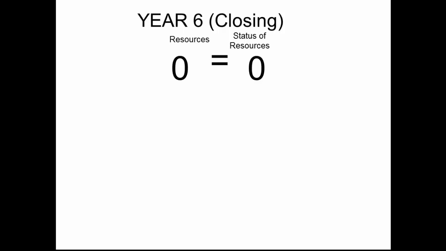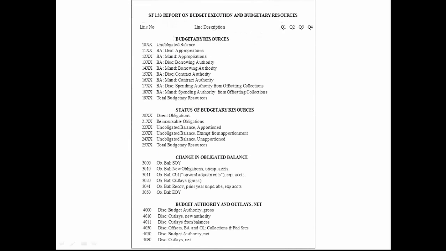These relationships represented between resources, obligations paid and unpaid, and expiration and cancellation where applicable are all documented in the SF133. So let's take a look. This is a condensed version of the SF133 to show the basic structure of the form. We'll get into more detail later. It's made up of 4 sections.